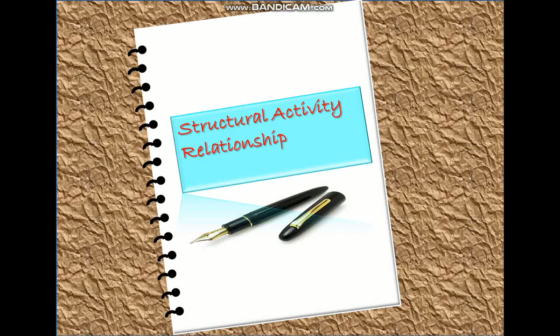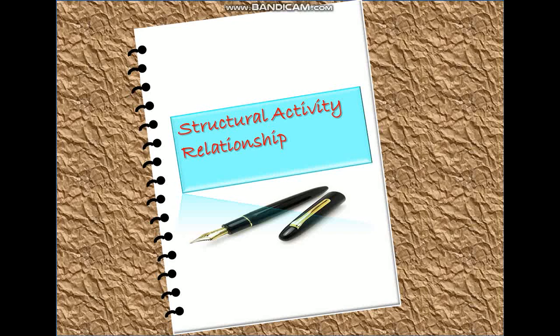Before starting the SAR of cephalosporin, we have to know about its structure, and the basic rings present in a cephalosporin.